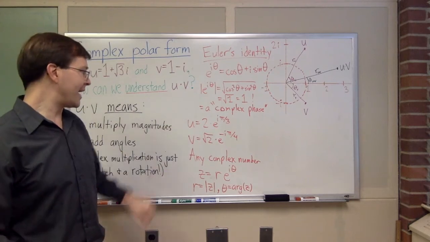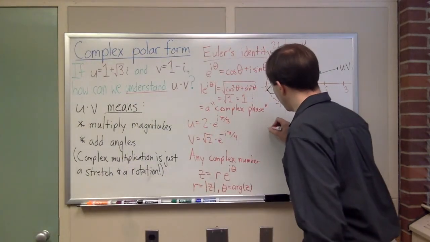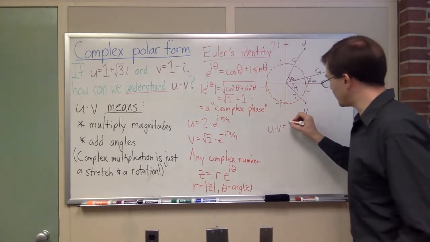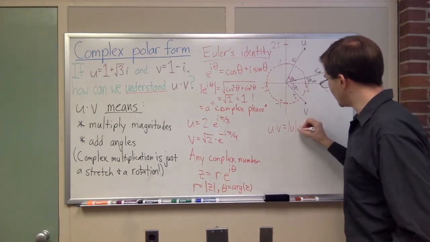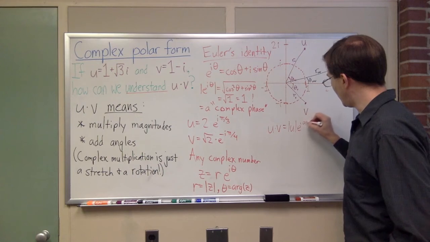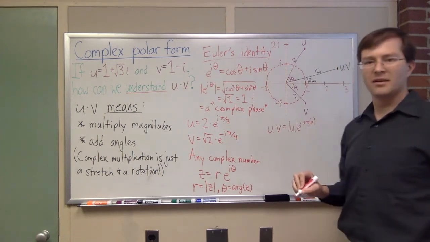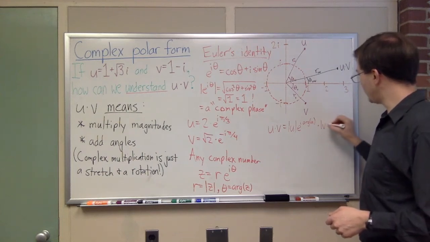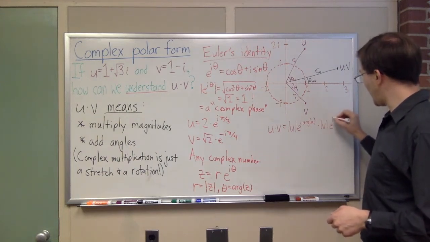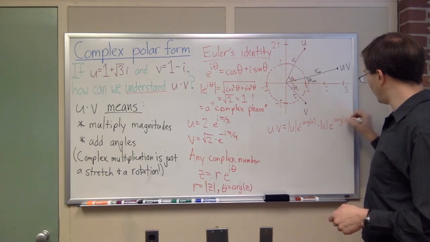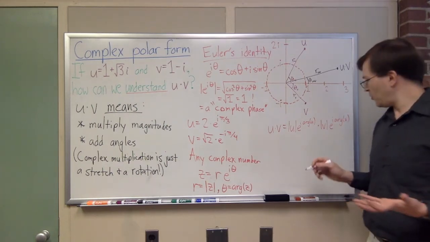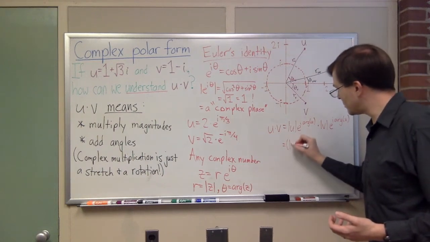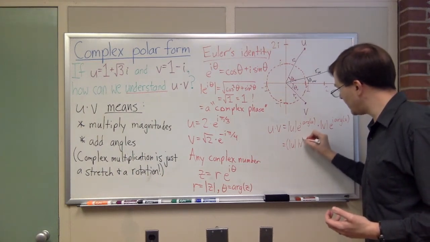They come automatically, because then u times v is equal to, well, what was it? It was the magnitude of u times e to the i arg of u, or theta u if I want to call it that, times magnitude of v times e to the i arg of v. I can regroup this as magnitude of u times magnitude of v.